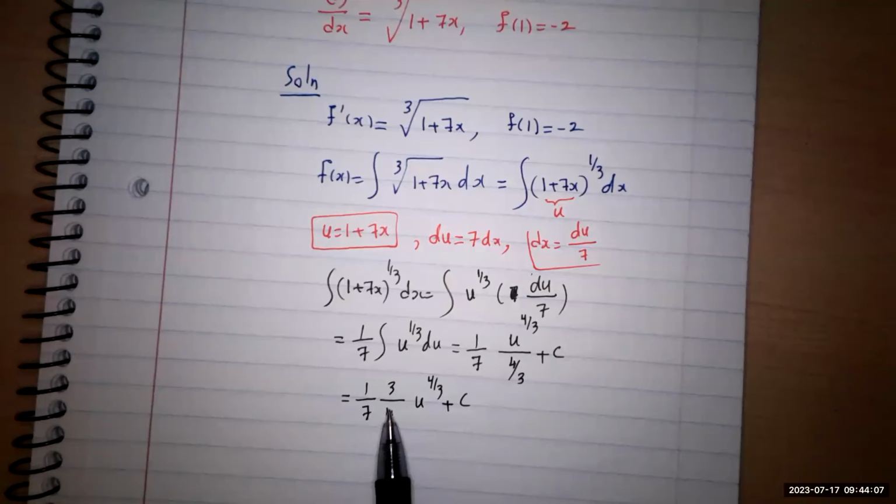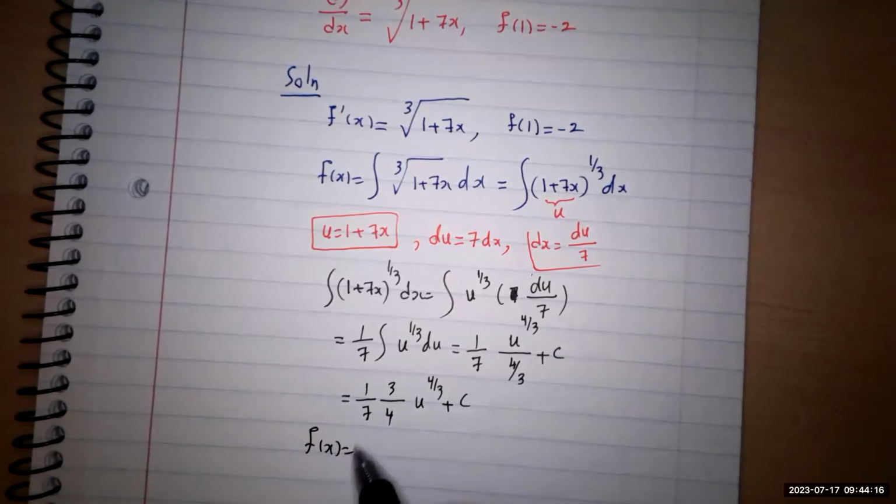So that is it. This is going to be 3 over 28. Okay, so your function f of x, remember, you are looking for f of x, is going to be equal to 3 over 28 times (1 plus 7x) to the 4/3 plus the constant c.